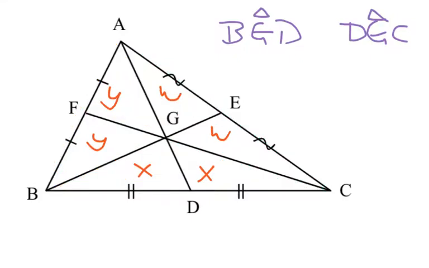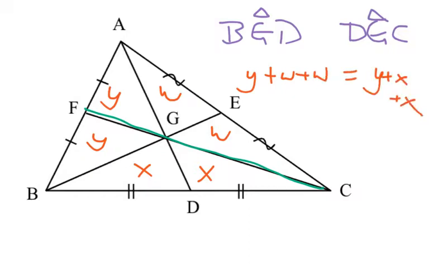Well, if we look at the median FC, we can see that FC divides the triangle in half. So that means that Y plus W must be equal to Y plus X. Now, it doesn't take a genius to work out that 2W must equal 2X, so W must equal X. Okay, so that's good.